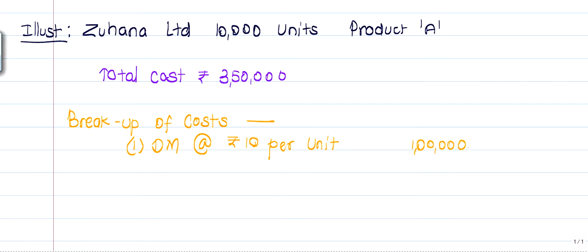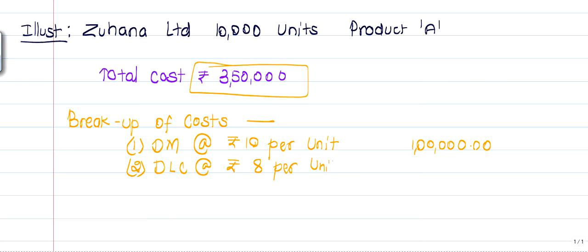Now I am explaining the breakup of 3,50,000. Direct labor, or employee cost, is 8 rupees per unit. So 10,000 units into 8 per unit comes to 80,000.